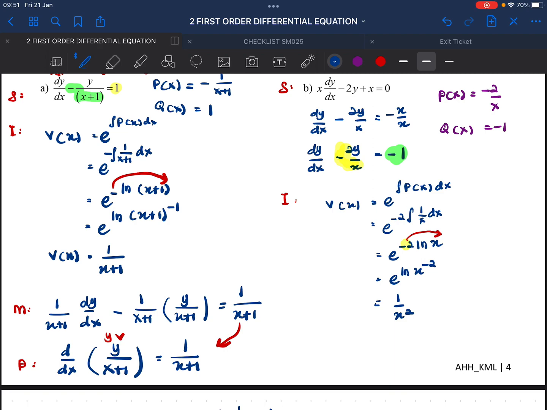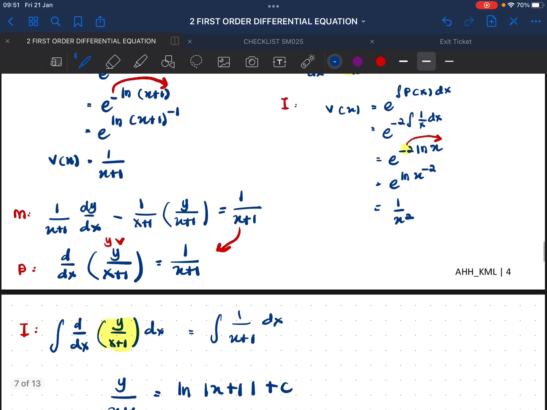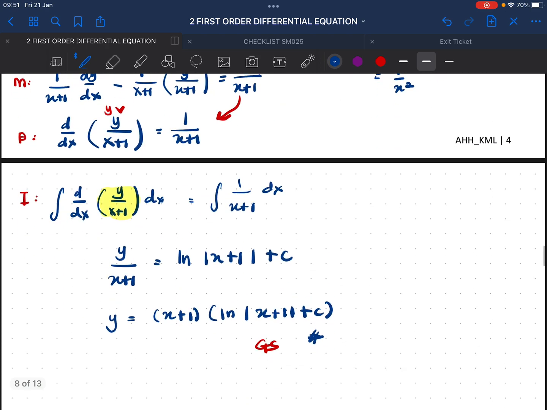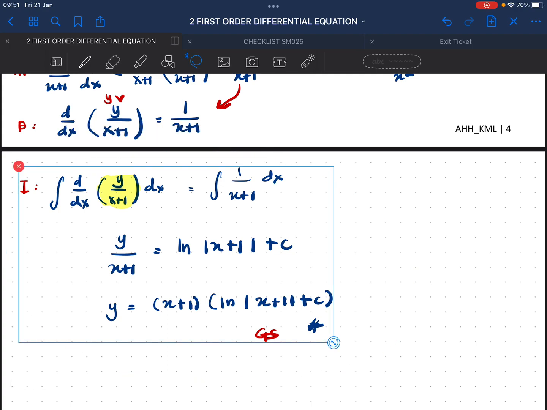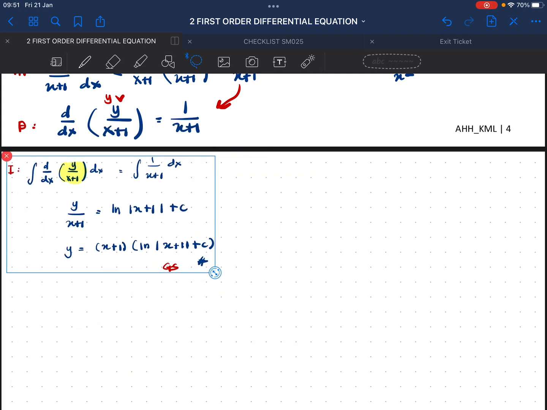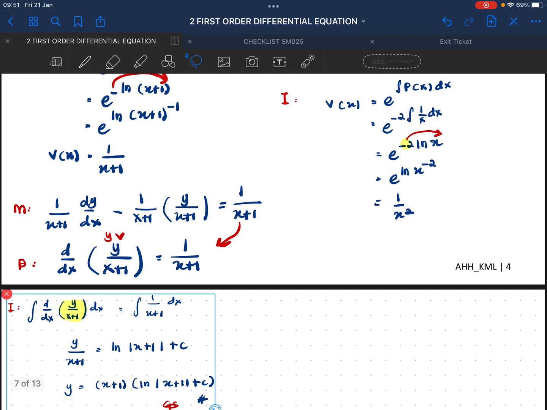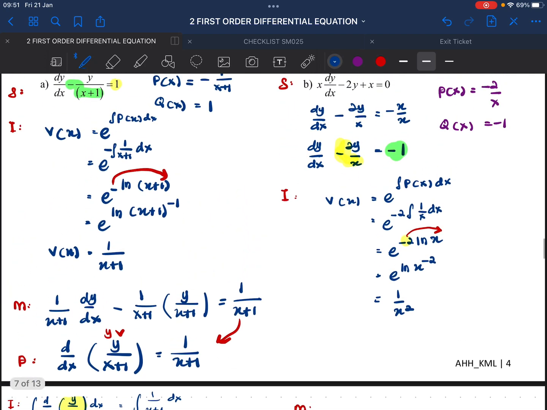So move on to the next step, which is multiply. The next step is we are going to multiply. As I said, multiply you don't need to think. Just take your v(x), your integrating factor, and multiply it by each of the expressions.